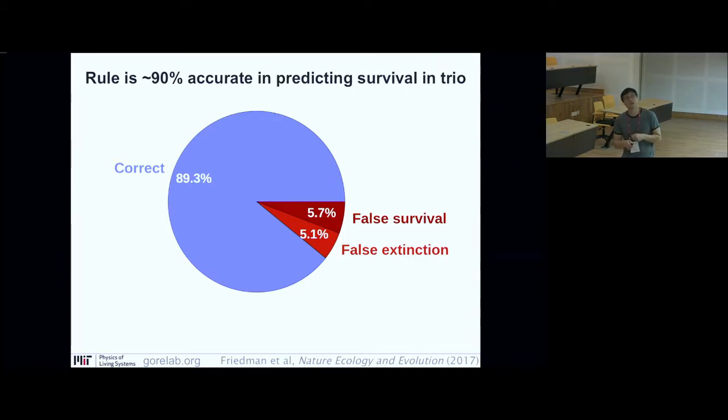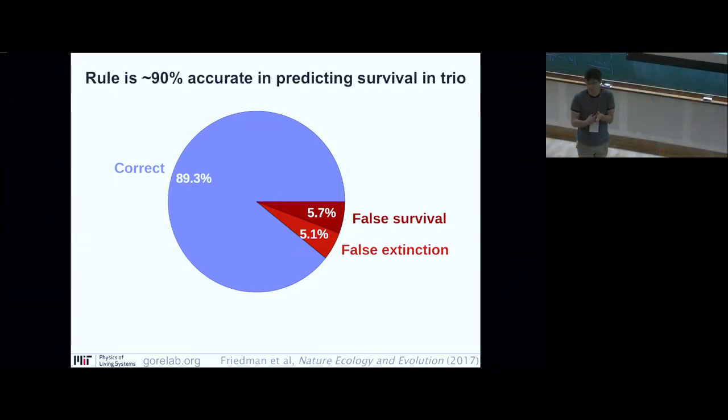The 10% of the time, roughly, where it fails, it is roughly equally divided between false survival and false extinction. So typically, the pairwise competitive outcomes work for predicting survival in a trio, which tells us that these higher order interactions are not dominant, at least.